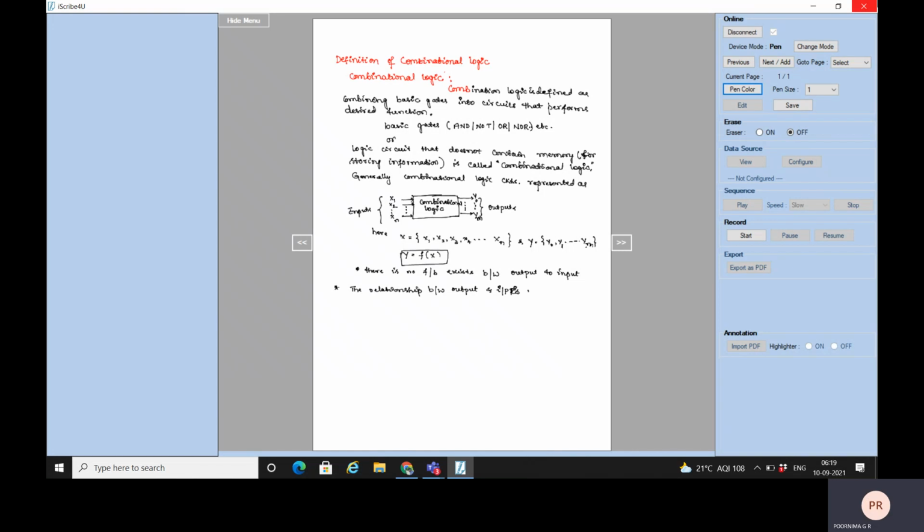It is correlated or represented either as equations or truth table, or it may be through the logic diagrams.